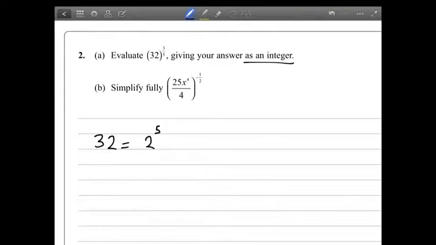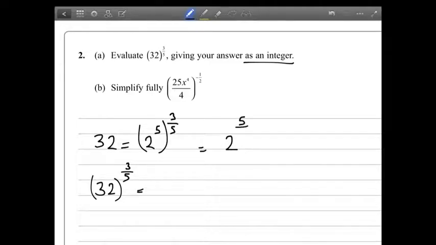For example, if we take the power of 32 as 3 over 5, it means we can take the power of 2 to the power of 5 like this. We have 5 over 1 as 5 here, and we have another power like 3 over 5.